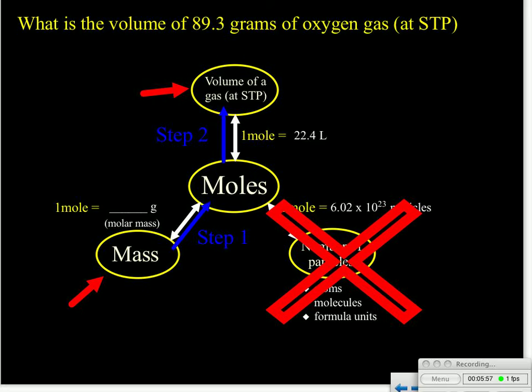But for this problem, we don't, because the question isn't giving us any information about the individual molecules of oxygen, nor is it asking for it. If it's not talking about the number of individual particles, we don't have to worry about the 6.02 times 10 to the 23rd.